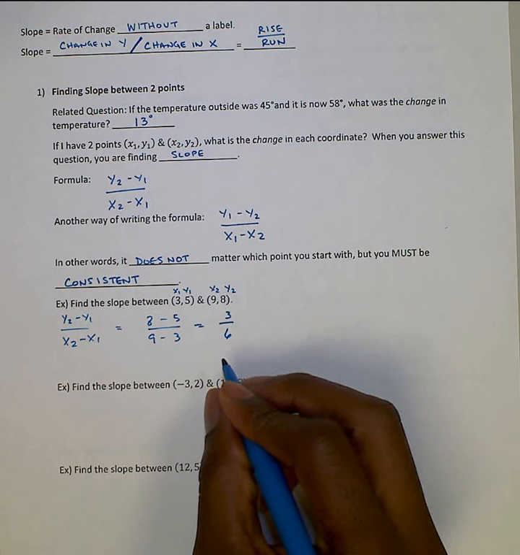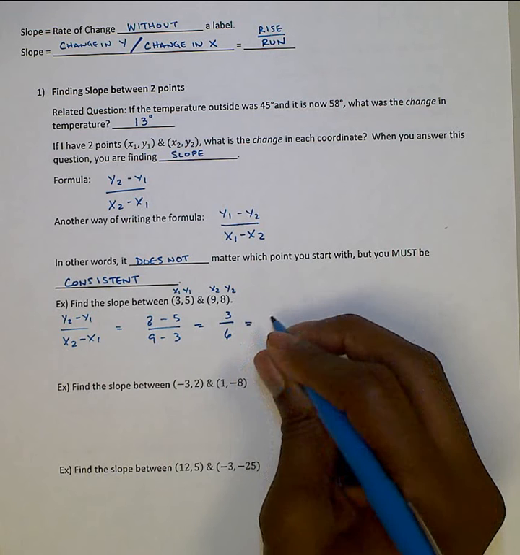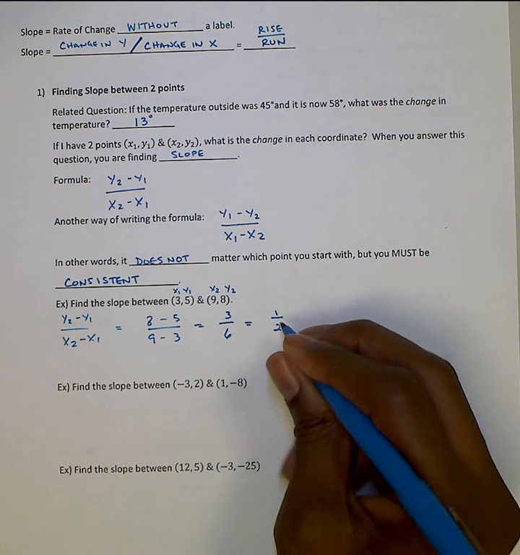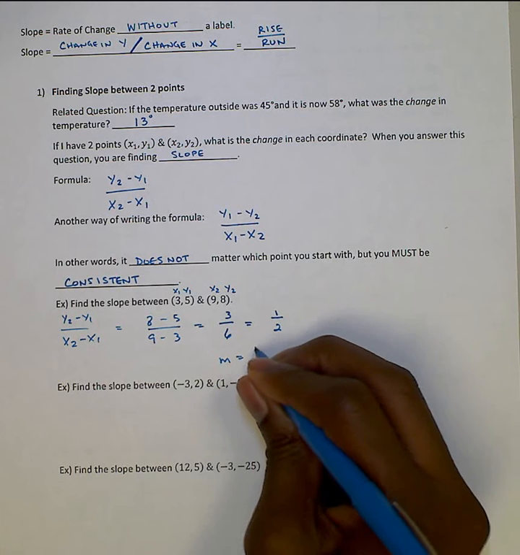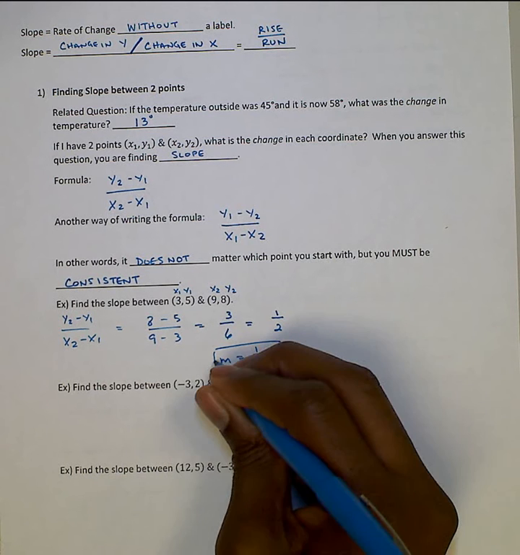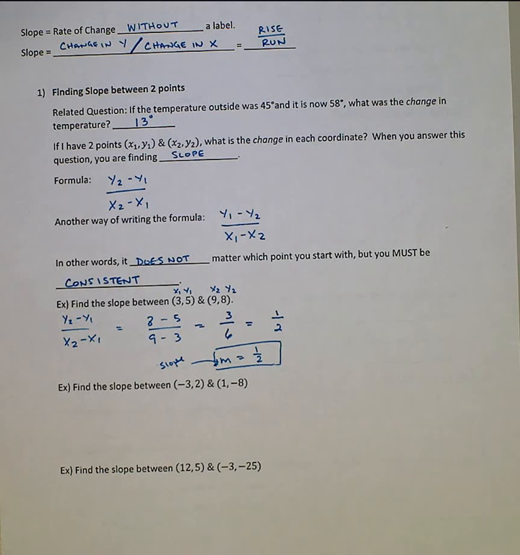Okay, but I won't leave slope like that. Always want to simplify. 3 over 6 simplifies to 1/2. So my slope is 1/2. And m stands for slope, right? So my slope for that is 1/2.